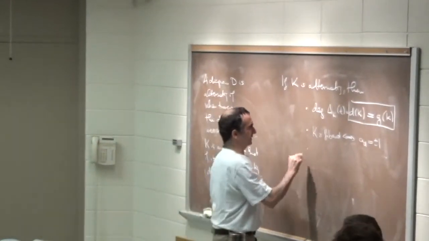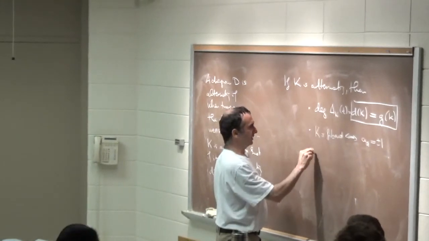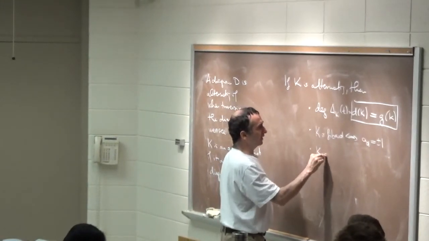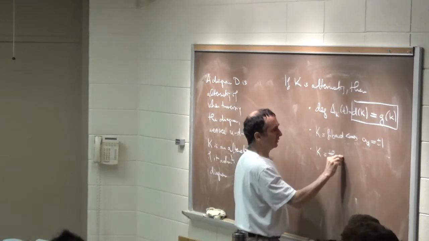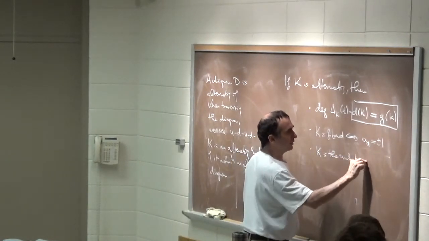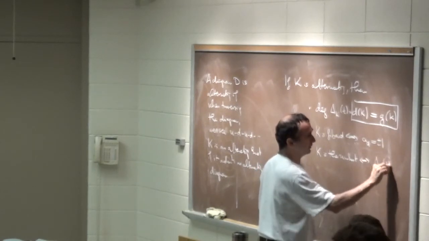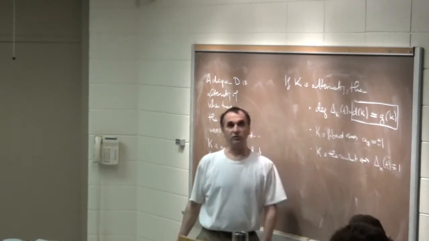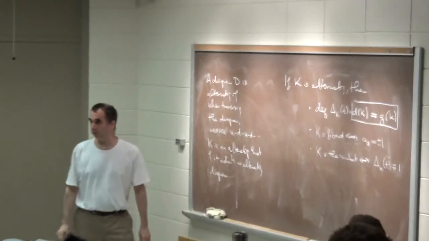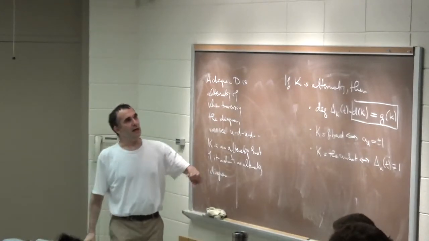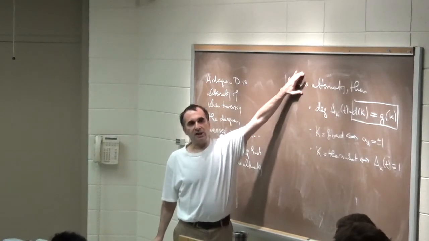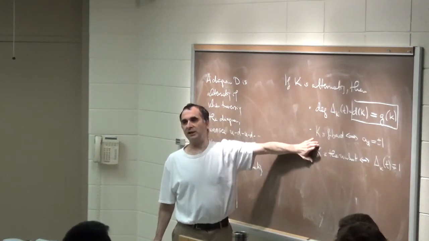And notice that there is a simple consequence of that statement: K is the unknot if and only if the Alexander polynomial is of degree 0, so it's the constant 1 polynomial. So among alternating knots, the Alexander polynomial recognizes the unknot.